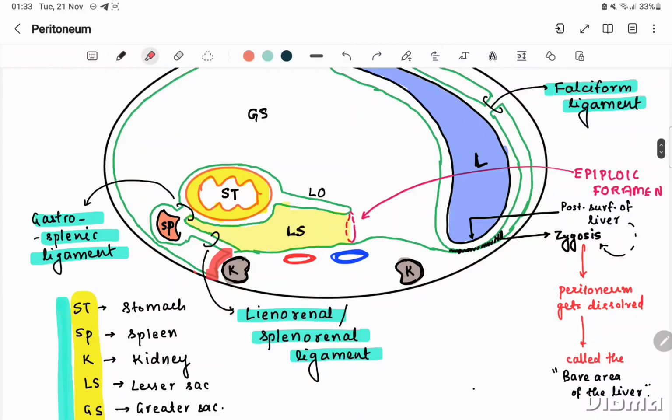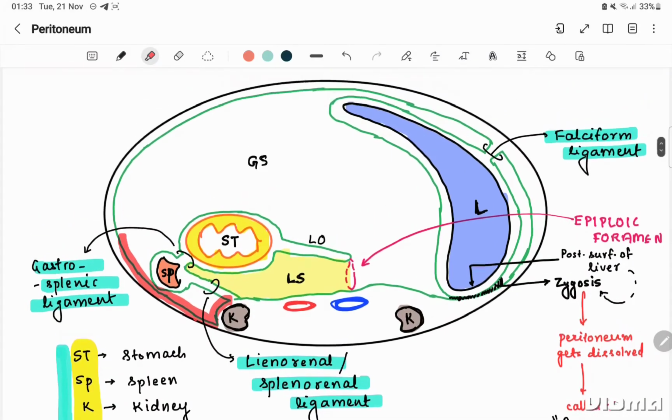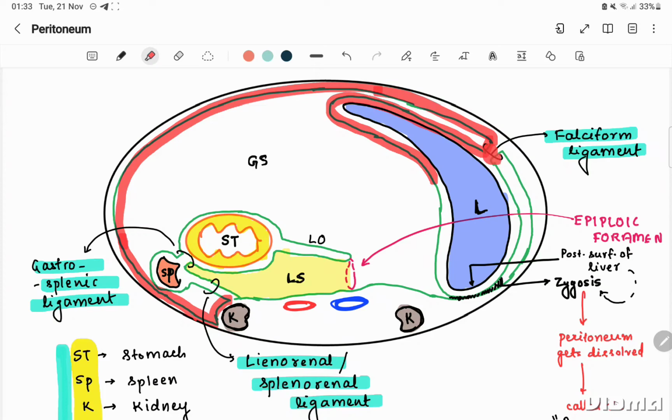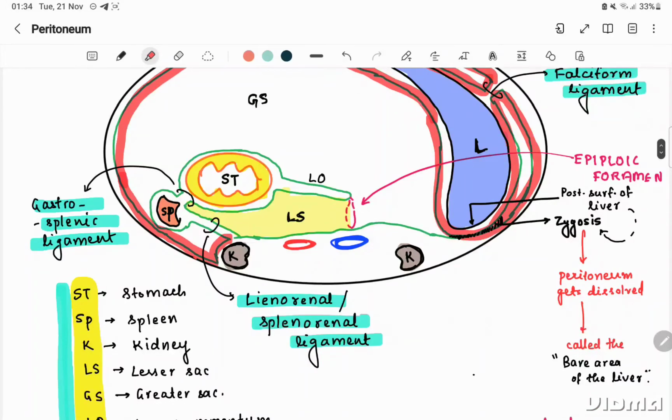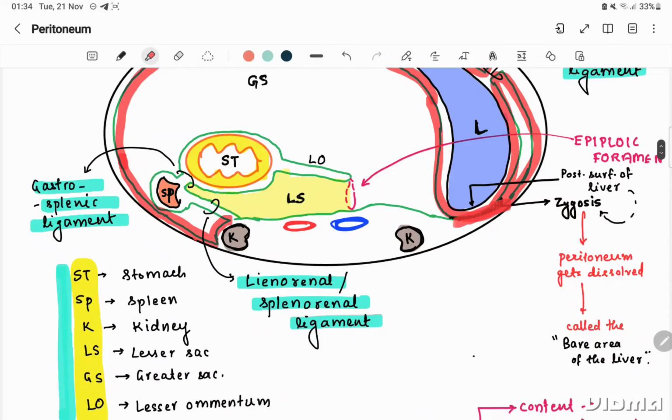This is the peritoneal lining. This peritoneum goes here, moves here and here, and covers the liver. Only this part is left out, it turns here and goes like this. And here there is zygosis, in the posterior surface of the liver.